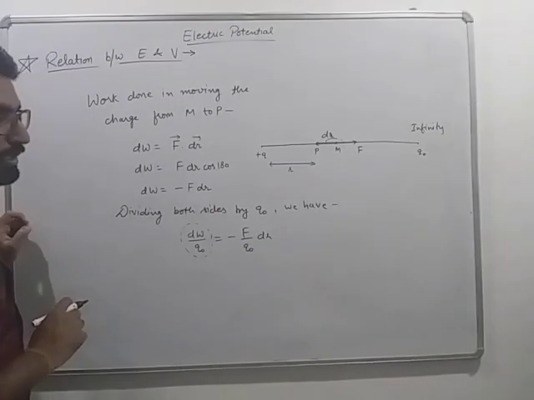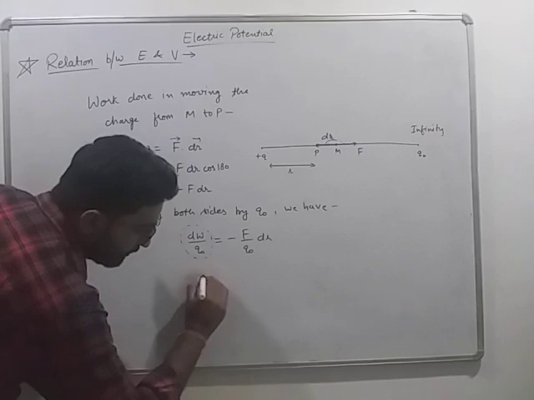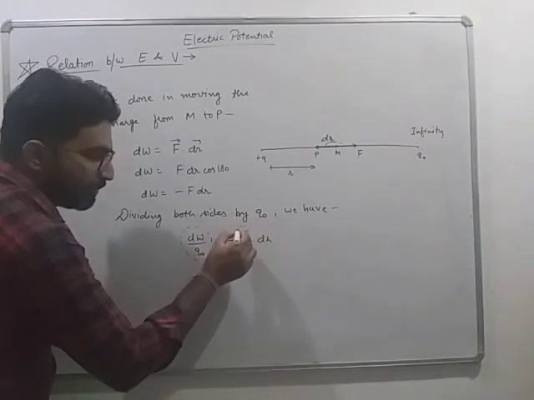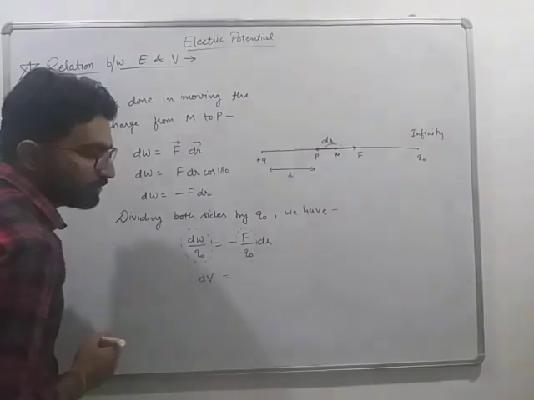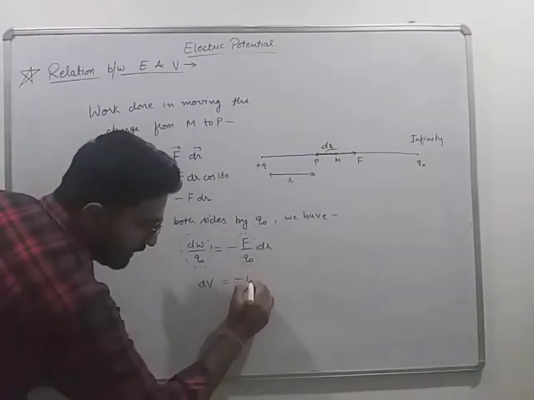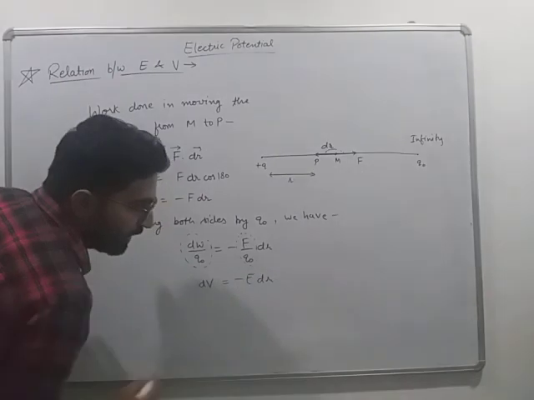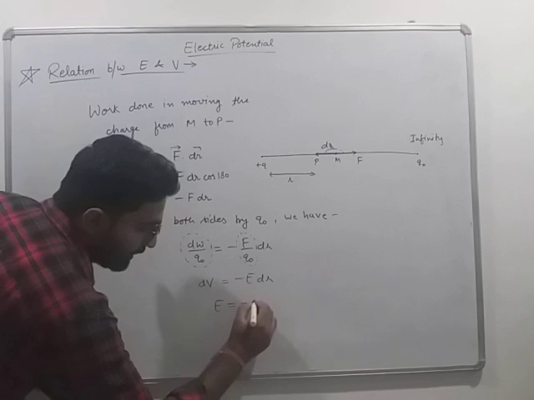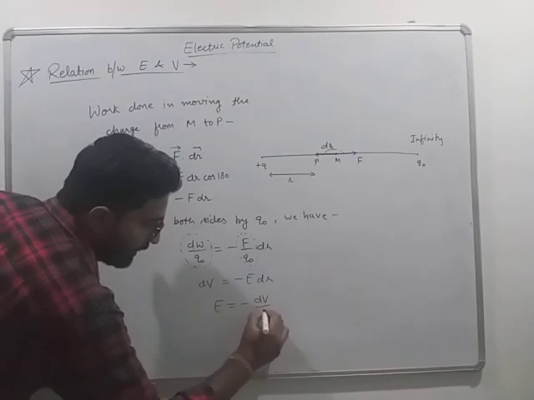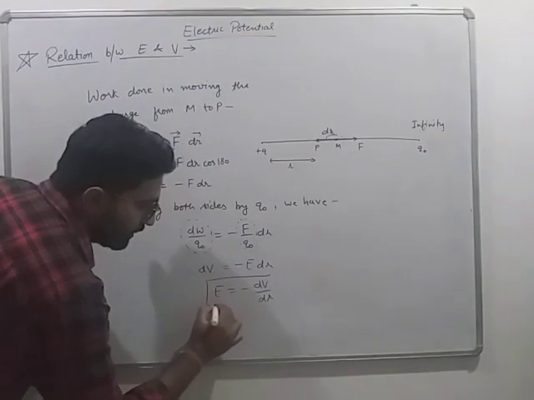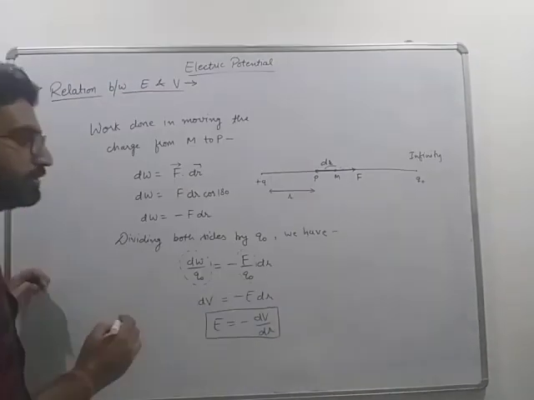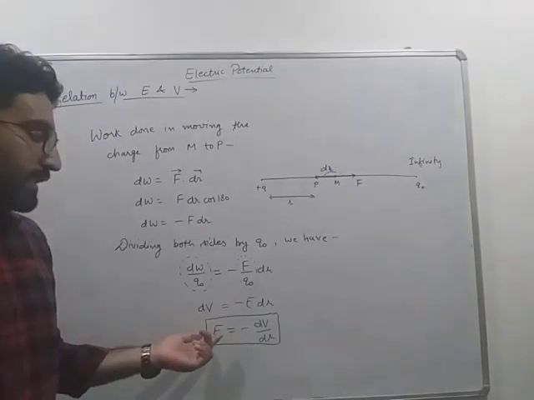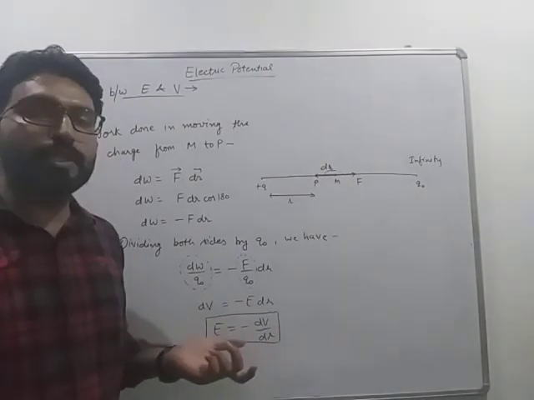A small amount of work done per unit test charge is equal to dV, and force per unit test charge is equal to the electric field, so minus E into dr. From there the value of E is equal to minus dV divided by dr. E is equal to minus dV by dr. This is the relation between electric field and electric potential.